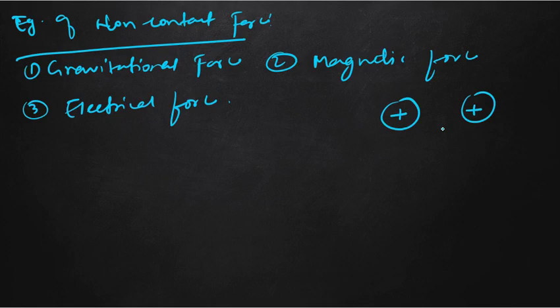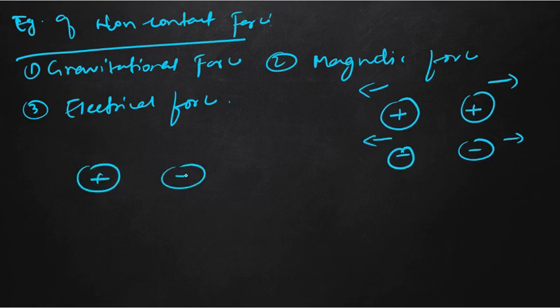Without coming in contact, they will repel each other, either positive or negative. But if one is positive and the other is negative, we know that opposite charges attract each other. So without coming in contact, they are either attracting or repelling, that is push or pull, that is they are creating force. So electrical force is also an example of non-contact force.